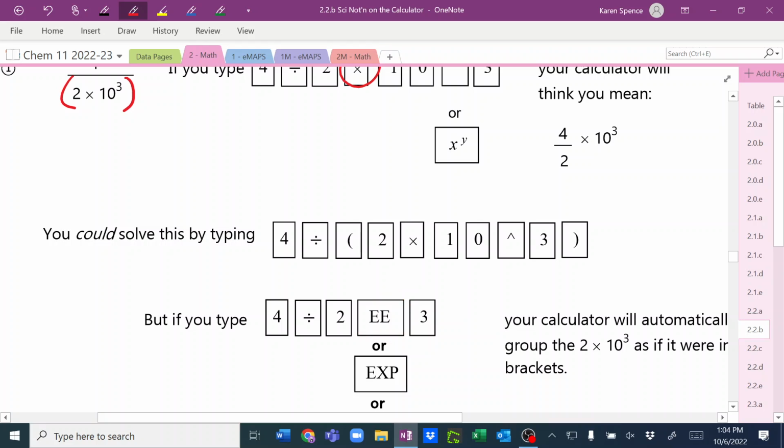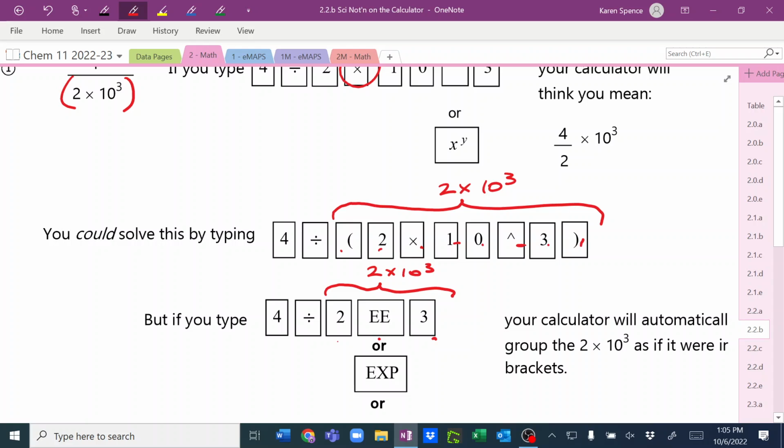All of this means 2 times 10 to the 3. Whereas to do it up here, you would have to type all of this to mean 2 times 10 to the 3. And if you forget a bracket, then you're going to get a wrong result. So would you rather type 1, 2, 3 things, or would you rather type 1, 2, 3, 4, 5, 6, 7, 8 things and possibly forget a bracket and maybe get it wrong? Which one sounds better to you? I'm hoping it's the 3 characters where you will not get it wrong, okay?